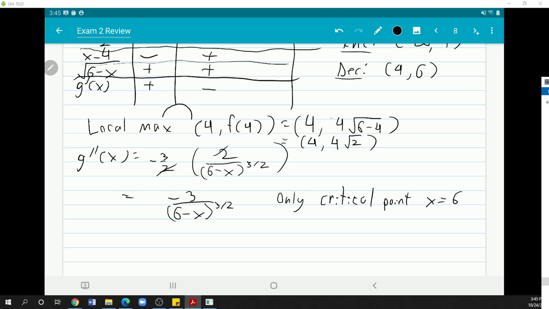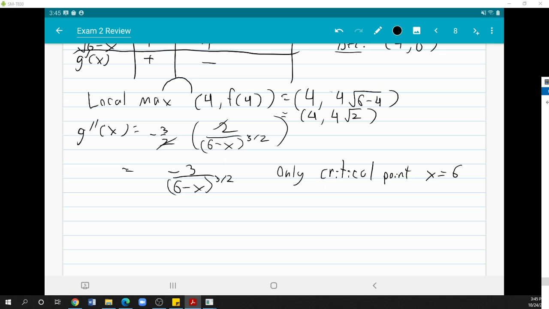But f of x is not defined if x is bigger than 6. So therefore we get this really weird looking sign chart where I just say, okay, from minus infinity to 6, I don't have any relevant critical points, so just plug something in.